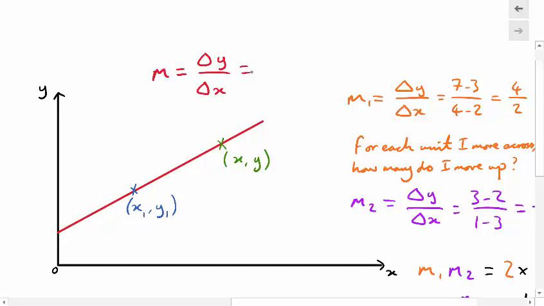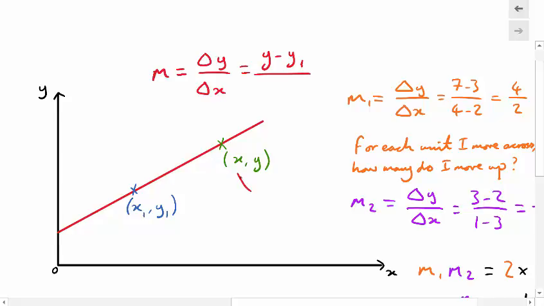Well, what's my change in y? I'm going from this coordinate to this coordinate here. It doesn't matter, I can do it around the other way. So I can just take this y value and this y value here, so let's say y minus y1. That's just my change in y. I'm literally just saying this value, take away this value here. Then I need to do the same for my change in x.